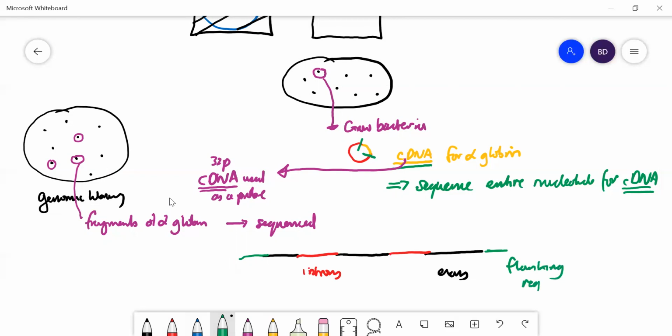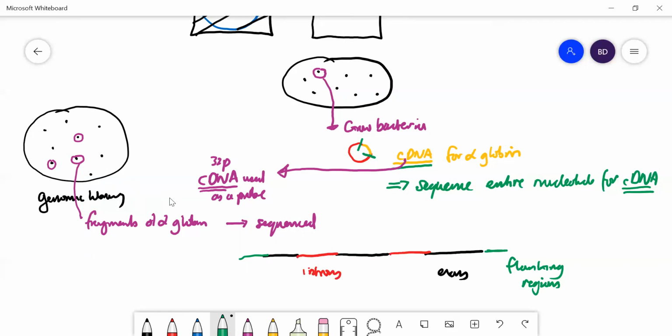And very often the flanking regions contain things like promoters, if you've done promoters, which are sequences to which other proteins bind and make that piece of DNA be transcribed into mRNA. So you can work out not only the sequence of the gene and the intron-exon structure, but maybe work out something on how the expression of that gene is controlled.